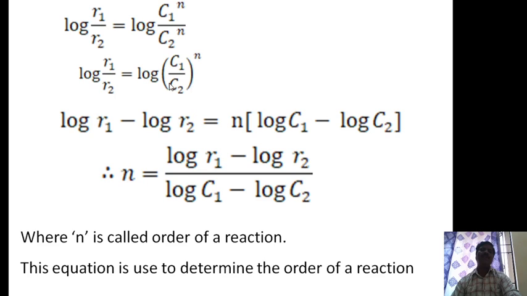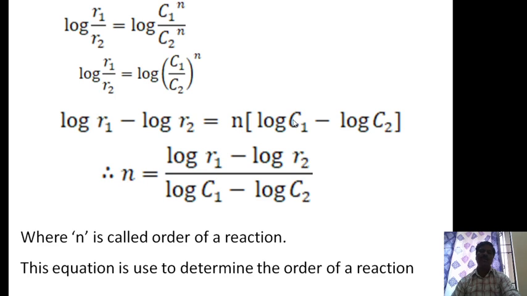Then by the logarithmic property, we can write log R1 minus log R2 equals n times log C1 minus log C2. Then you have to find the value of n.